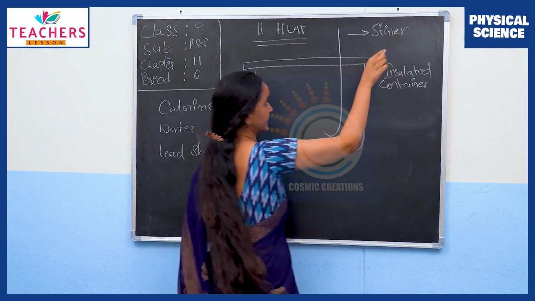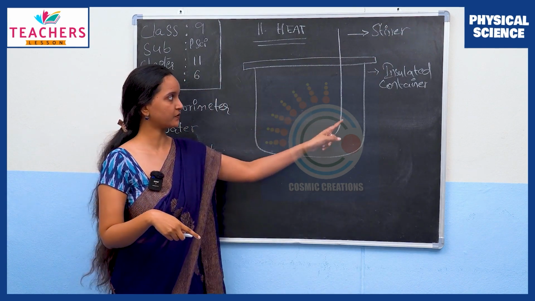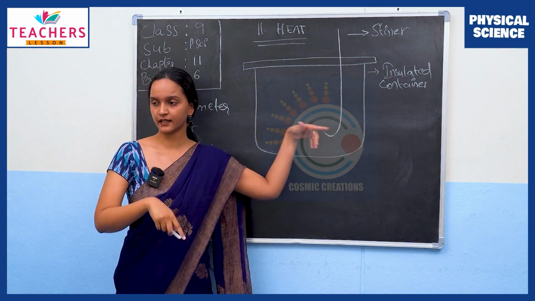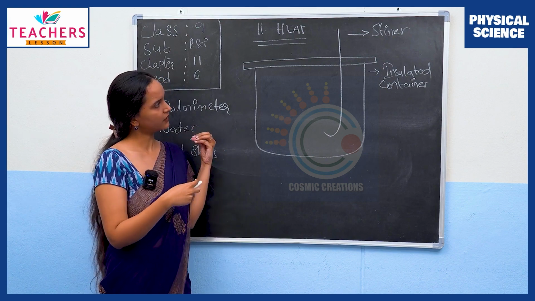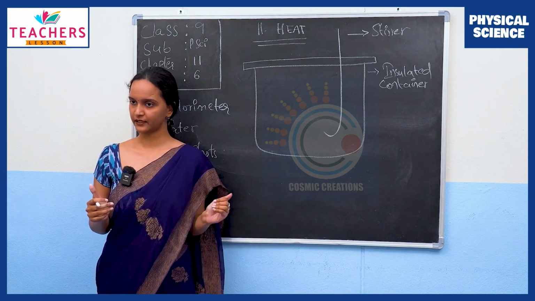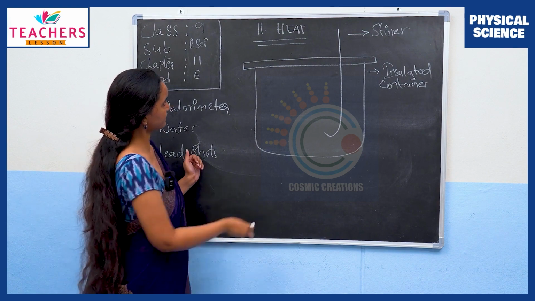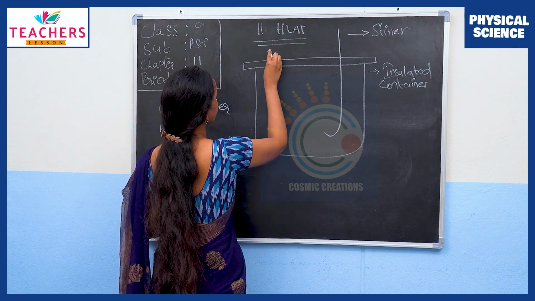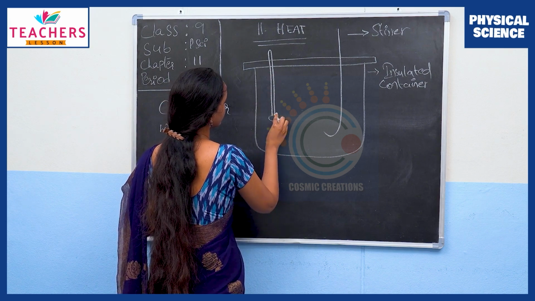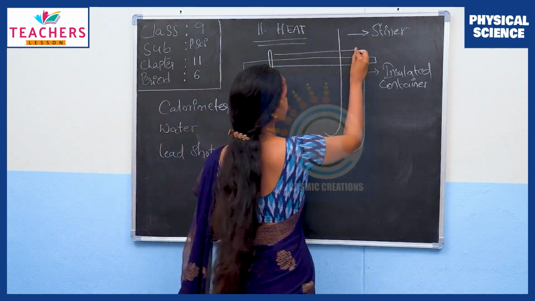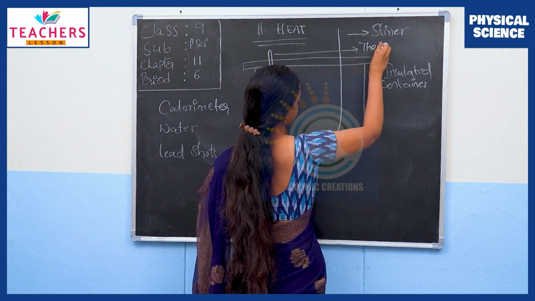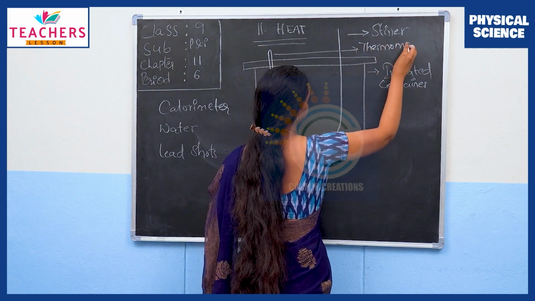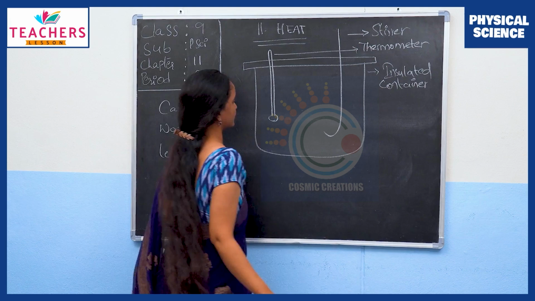Inside this, a stirrer is fixed. Using this, we can mix the solutions inside the calorimeter so that the heat gets distributed evenly. And a thermometer is fixed to take the measurements.